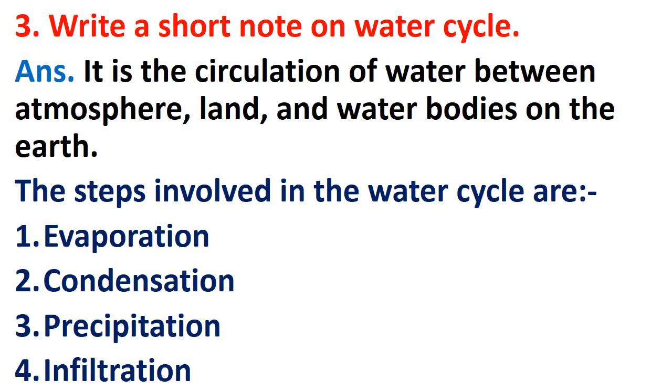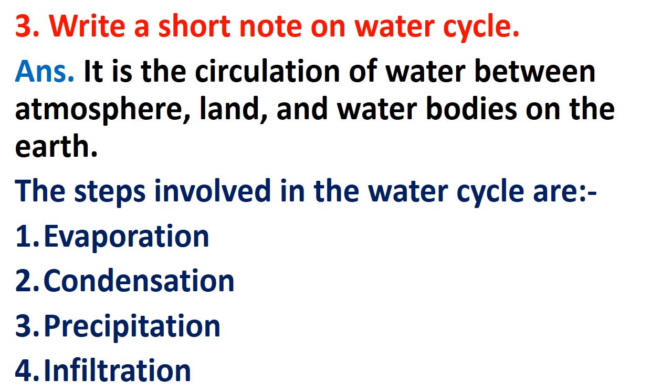Question number 3 was, write a short note on water cycle. Students, listen to one thing. Whenever such kind of questions come, first of all, make a habit to write these answers in points. Avoid writing in paragraph. So the answer is, it is the circulation of water between atmosphere, land and water bodies on the earth.